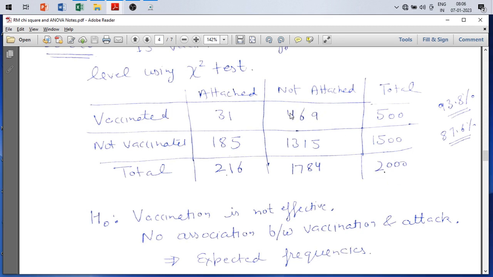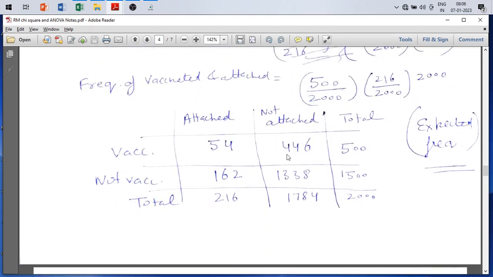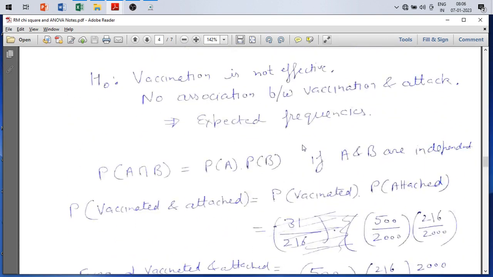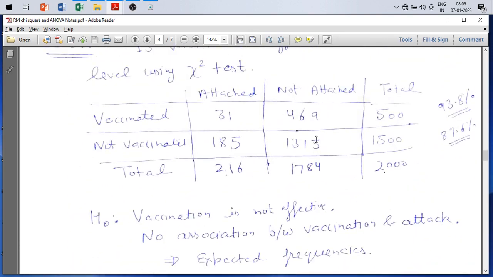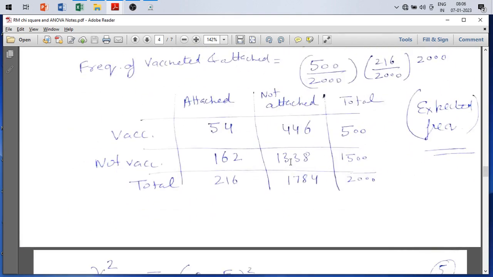So you'll get the expected frequency for this one, which turns out to be 446. Similarly, to get the expected frequency corresponding to this value 1315, we multiply the row total 1500 and the column total 1784, and divide this by the total, that is 2000. So you will get 1338. So like that.